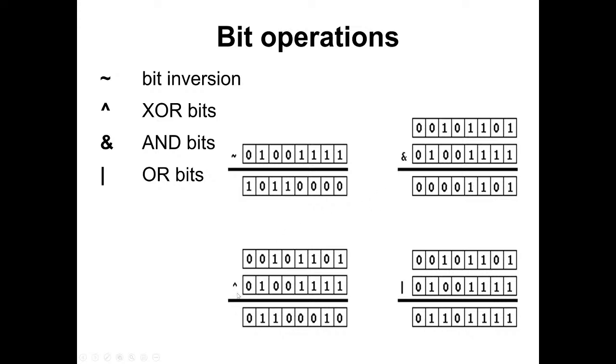Right. Okay, then we have the exclusive OR operator, which is quite the same, but it provides us 1 if we have different values here, and it provides us 0 if we have the same values.